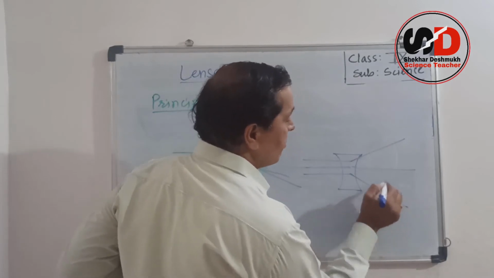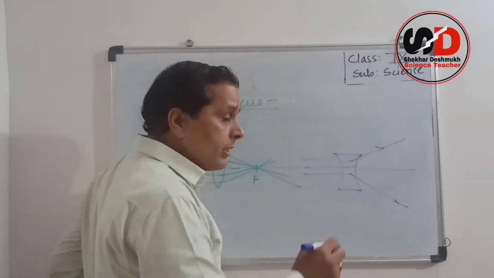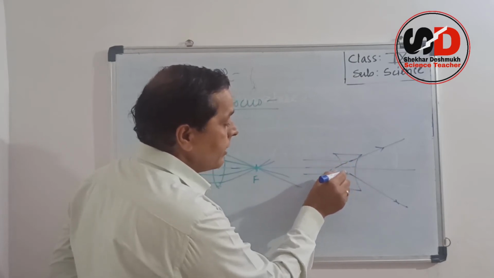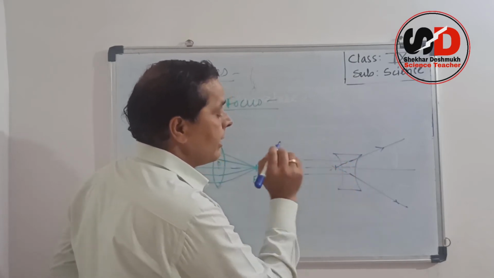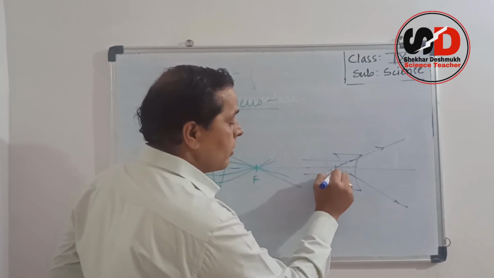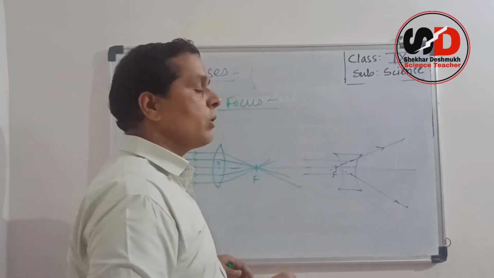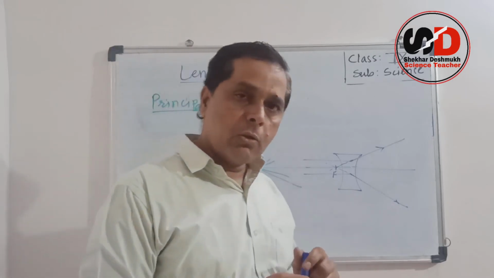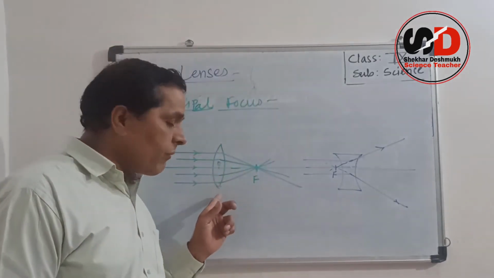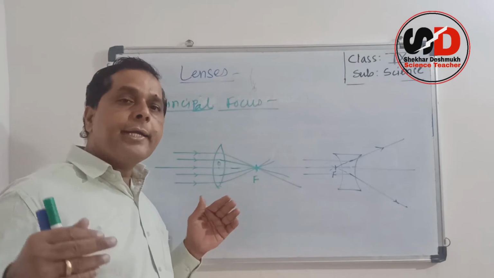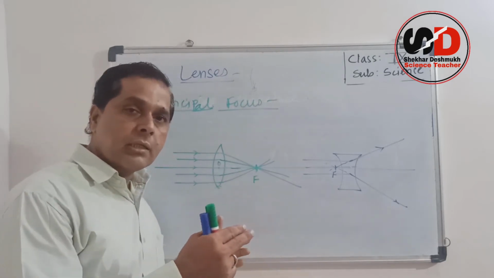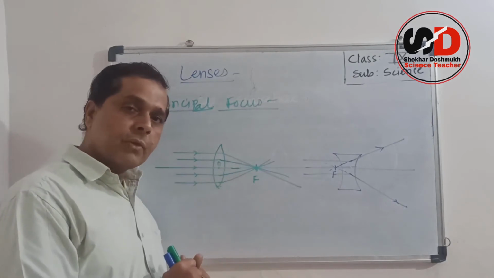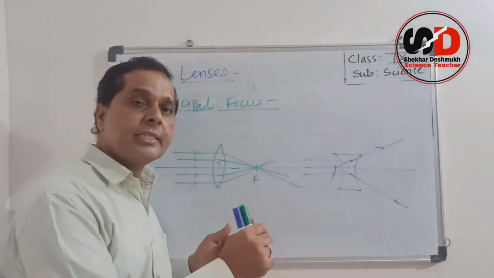They go away from each other, but they appear to come from a point behind the lens, and that point is called the principal focus of the concave lens. Look, a convex lens converges the light rays which are passing through it. After refraction, it converges the light rays.